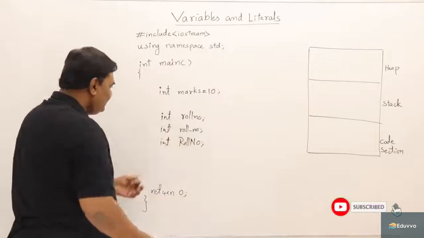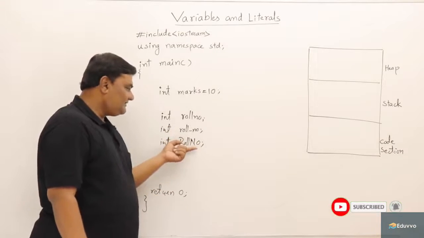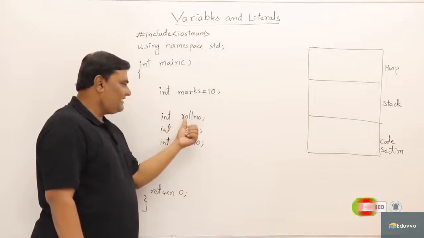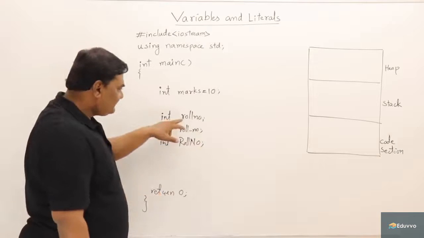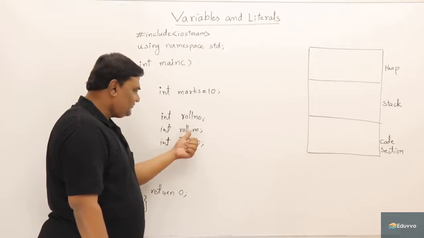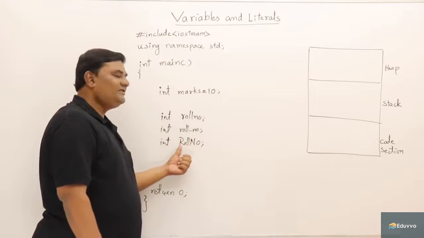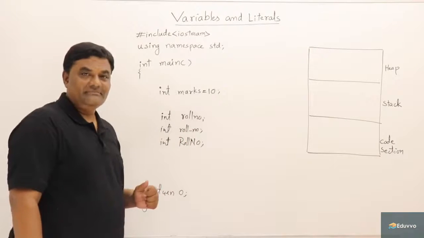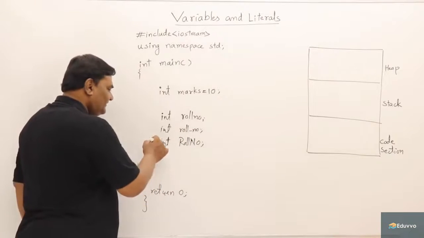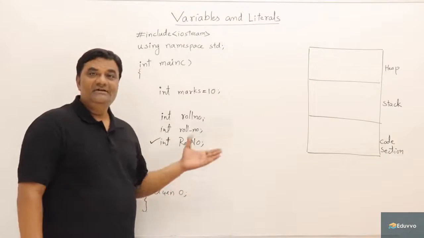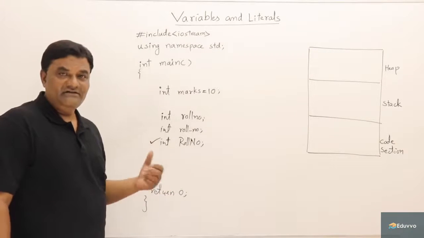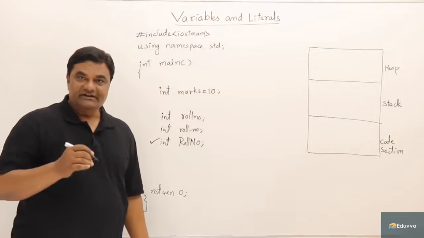Out of these three, this is more readable, and this is also readable because it has two words, roll and number. So this is combined together, but to separate we can use an underscore, or else we can use uppercase letters for separating them. So this is a better method for declaring any variable name, but you can declare as you like. It will be easy for us to read the variable name and understand it. This is about the variable name.